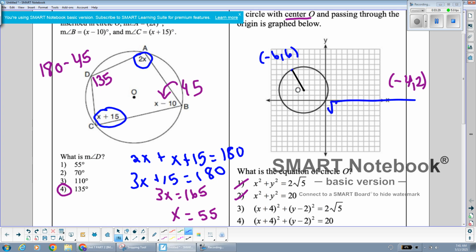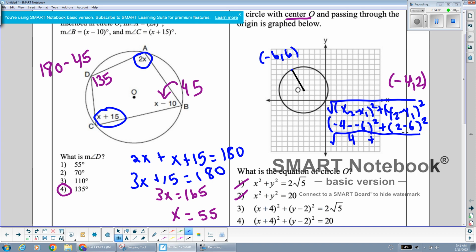So distance formula is x2 minus x1 squared plus y2 minus y1 squared. So let me do the x's first. So I'm going to do -4 minus -6. And then let me do the y's. I'm going to do the same order, 2 minus 6, be consistent. Okay, so this is +2 squared, which is 4. And let me bring down the radical. You don't want to forget the radical.